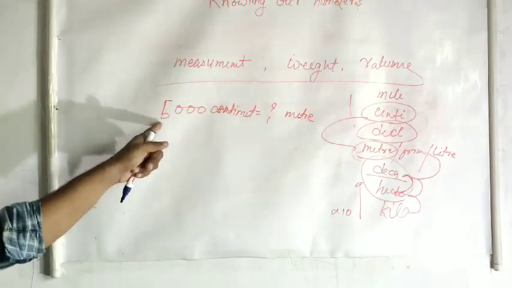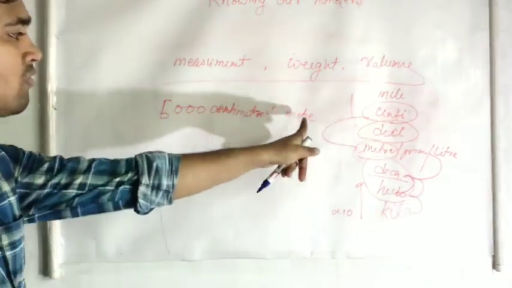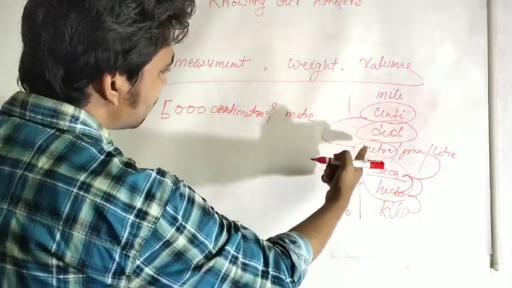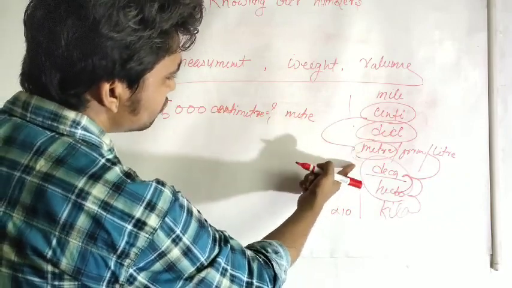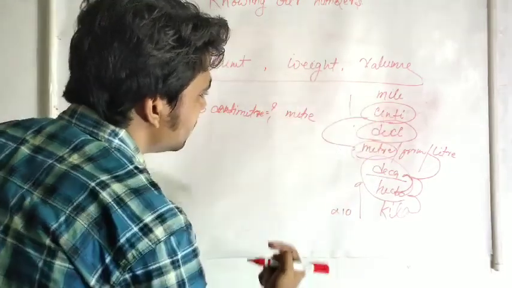So here centimeter and meter are situated 2 steps apart, meter being two steps lower than centimeter.